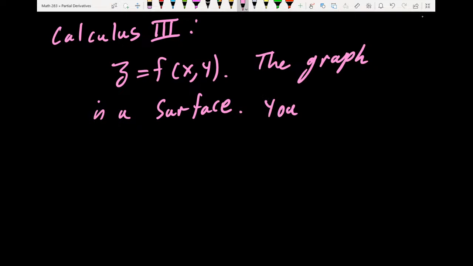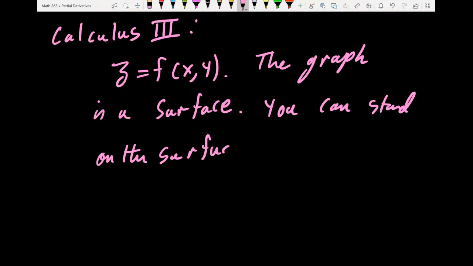So you can stand on the surface and walk in the positive x direction or positive y direction, whatever it is. We're looking at that part, and we want it to be like a smooth curve. If it's rigid, it acts all funny, and trying to find the derivative, trying to find the plane that barely touches that surface, it gets very difficult because you're not going to find one plane.